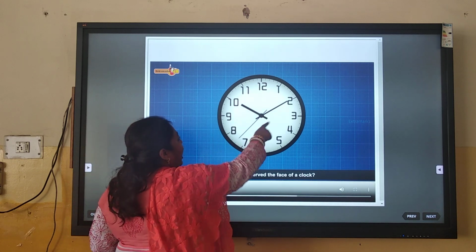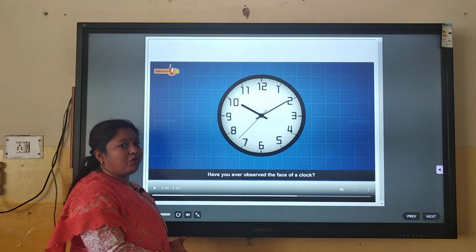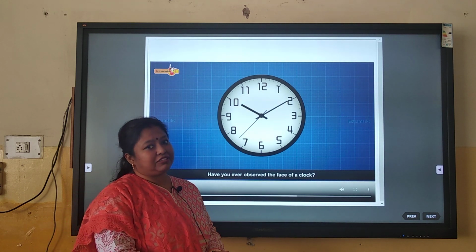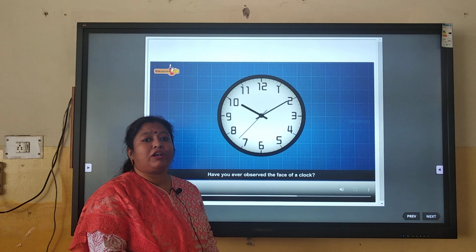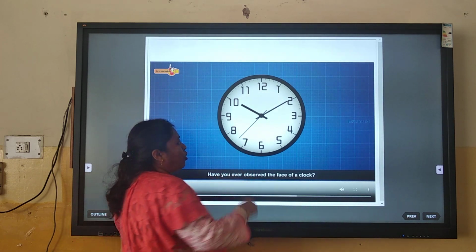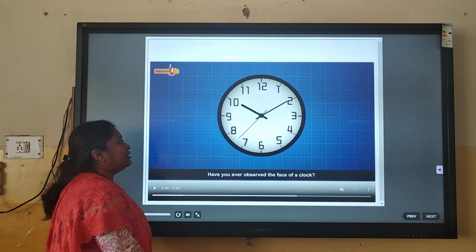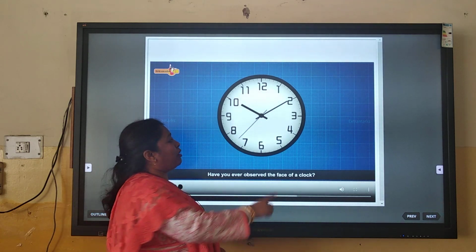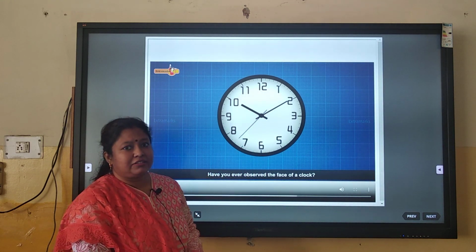These are called hands of the clock, and the shortest one is called the hour hand, as it shows the hour. The next one is called the minute hand, and it shows the minutes, and the longest thin one shows the seconds. But dear children, we are going to learn only about the hour hand and minute hand in this chapter.